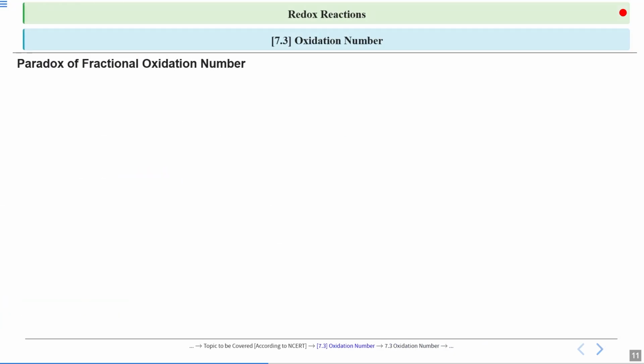Now, the paradox of fractional oxidation number, with example 3. Here, you can look at the example of the tetrathionate ion, that means S4O6 2 negative. The 2 negative charge here is on the terminal oxygen atoms, where there is negative charge.